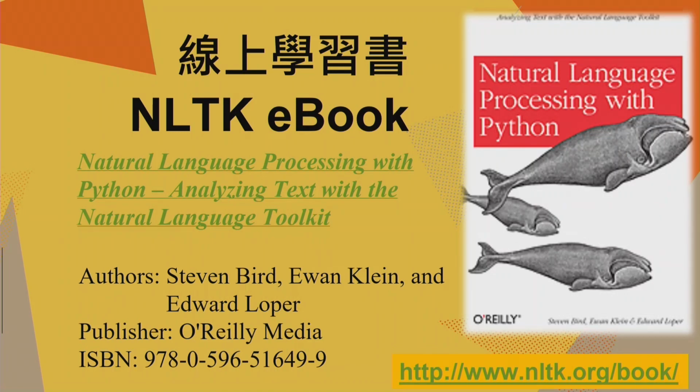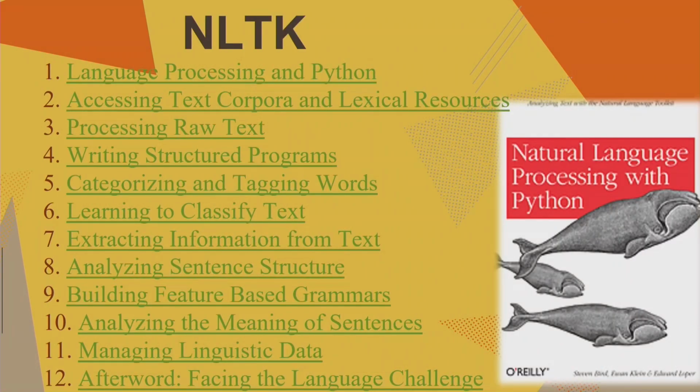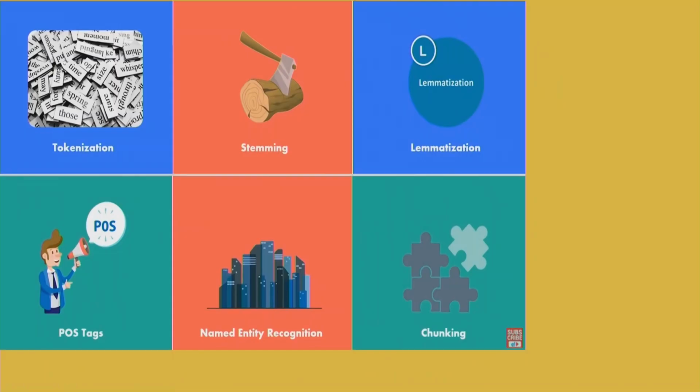So from the link, you can see that the authors, they are generous to upload this book online. From the online ebook, here are the topics. Then from each chapter, you will learn how to write your Python language step by step, right?